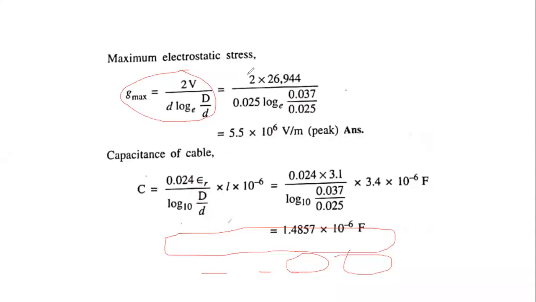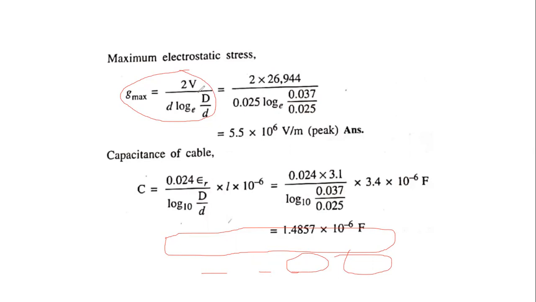That is 2 into V, the voltage, 26,944, by small d, 0.025, log e capital D by small d, where capital D is 0.037.